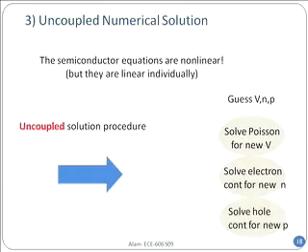So the general way that you start solving it is you focus on the right-hand side of the column of information. You start by guessing a potential V, and n and p at every node point. You solve the Poisson equation assuming electron and hole concentrations are kept fixed.